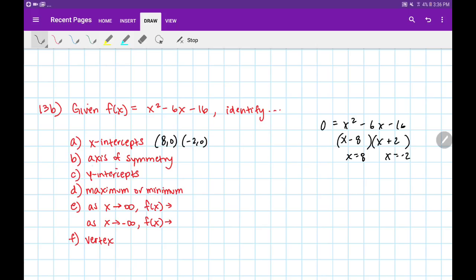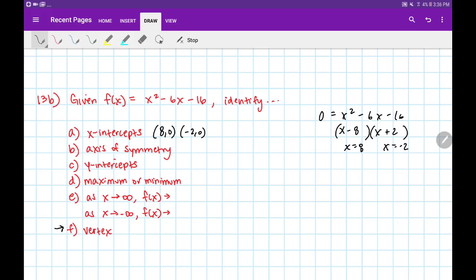Okay, before finding my axis of symmetry, I'll go to my vertex. I'll label my a and my b and plug it in. That's negative (−6) over 2 times a, which is 6 over 2, which is 3, comma.